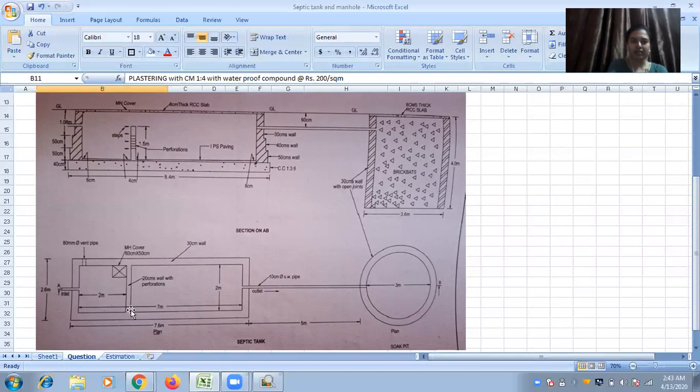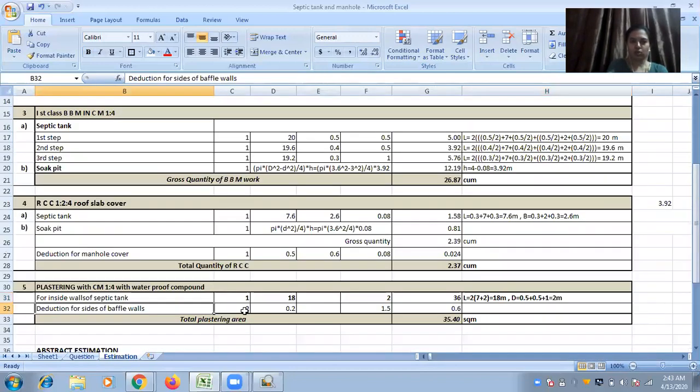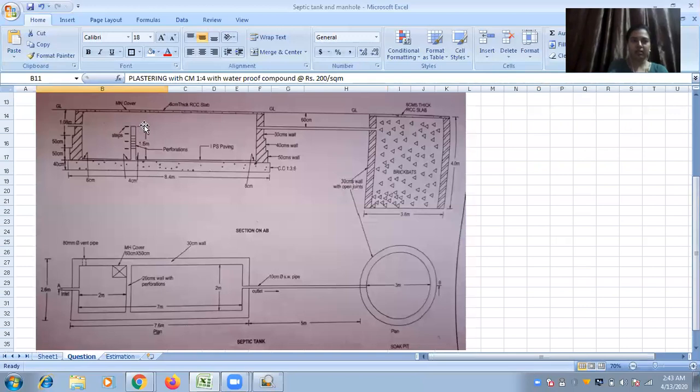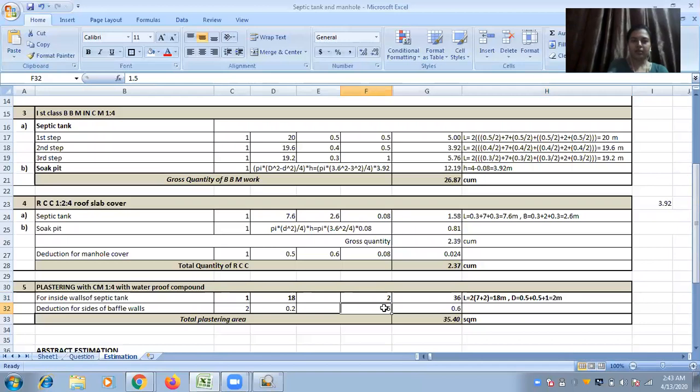These two are the sides. That is 2 times 2 sides, 0.2. Depth is only 1.5. In the cross section you can see this is a baffle wall of depth only 1.5 meter, not the total depth. So it is a deduction. 36 minus 0.6, that comes to 35.4 square meters.